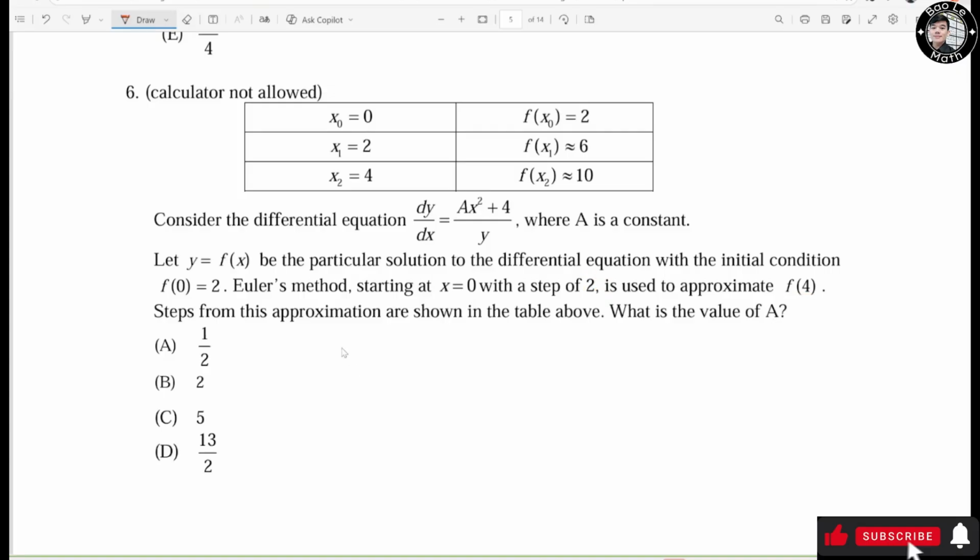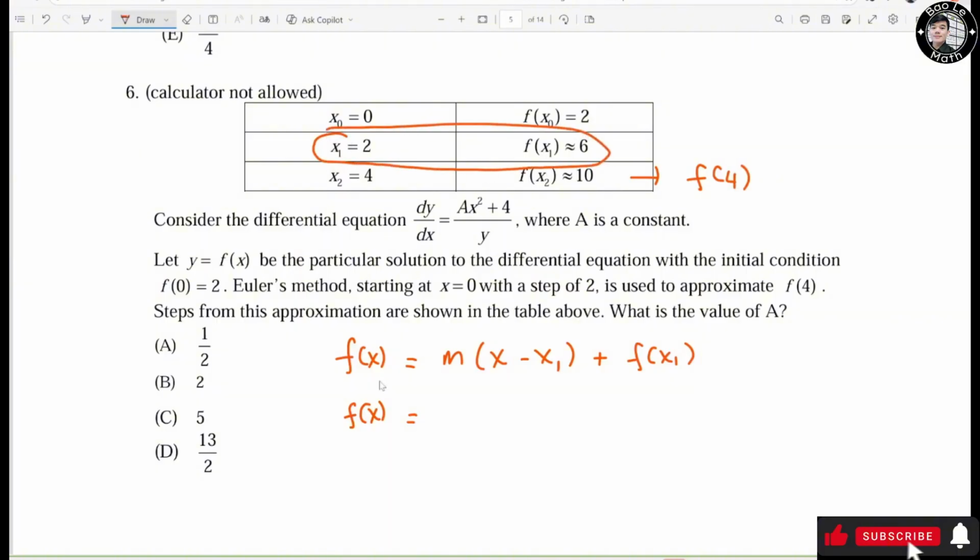Now we have the equation of the tangent line: f of s equals the slope times s minus s1 plus f of s1, right? Now we need to calculate f of 4, right? So we need to use the previous s and y values right here, right?